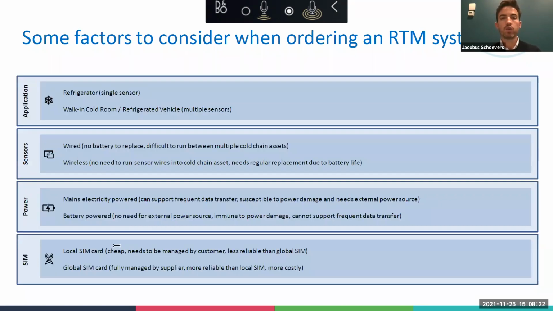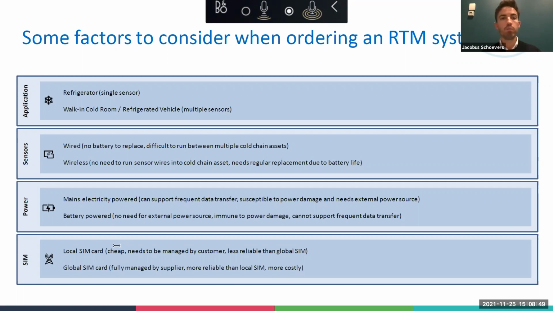So just some factors to consider when you order an RTM system, or if you're evaluating an RTM system. Firstly, you typically need to think about the application, whether or not this RTM system will be going towards a refrigerator, where you'll typically just need a single sensor, or if it'll go into a walk-in cold room where you may need multiple sensors. Talking about the sensors itself, you have a choice between wired and wireless sensors.